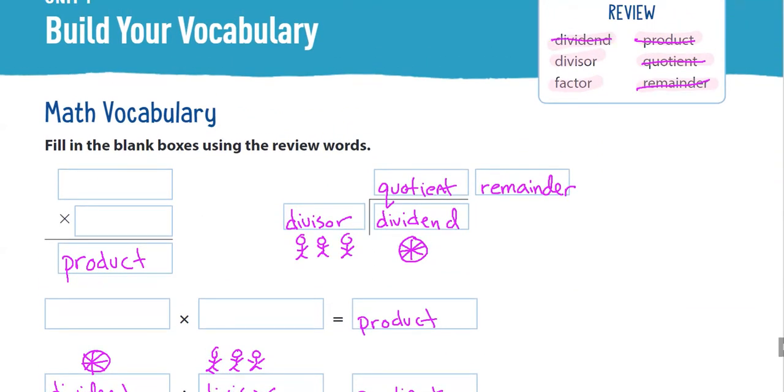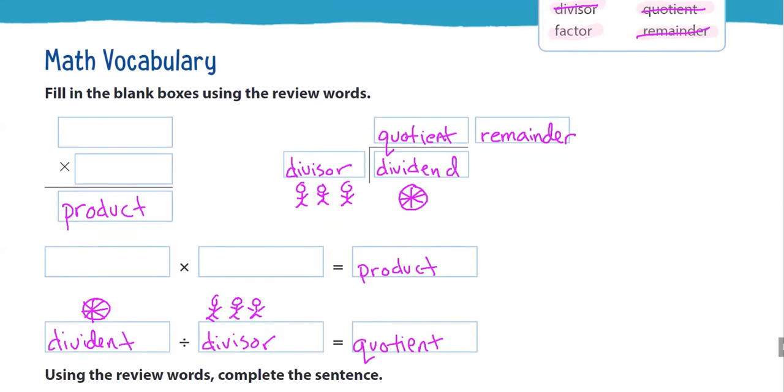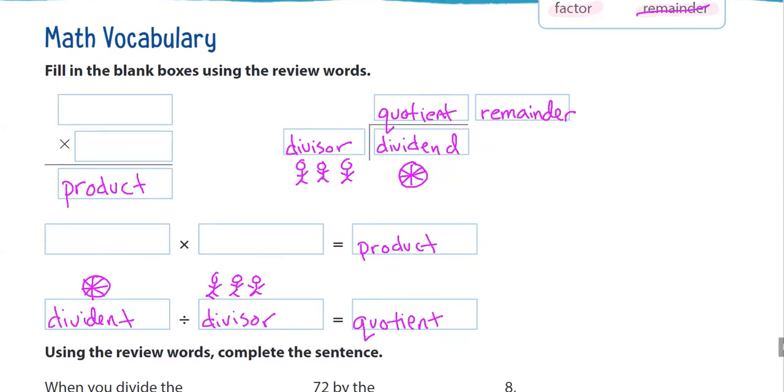And then all we have left up here is factor. And in a multiplication problem, they don't have different names. Like in the division problem, you have to have a divisor and a dividend, but in the multiplication problem, they're both factors. And the reason for that is the commutative property, which hopefully you've heard of, which means that you can switch them. So in a division problem, you can't just flip these around. They gotta stay where they gotta stay.